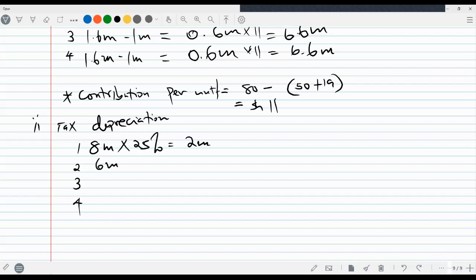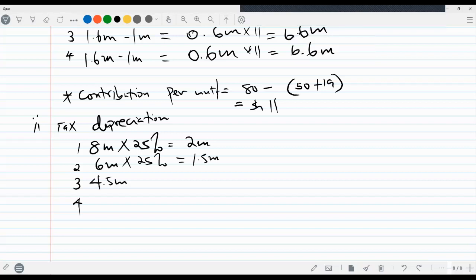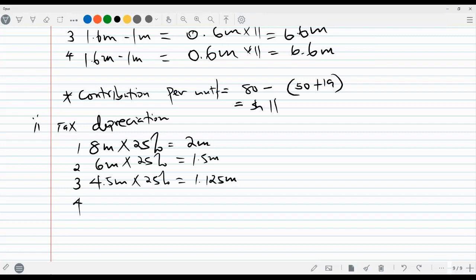Balance brought forward 6 million, 25% to give us 1.5 million. Balance brought forward 4.5 million times 25% to give us 1.125 million. I'm not sure about the figure, confirm. Year 4 is the final year, so we claim balancing allowance.